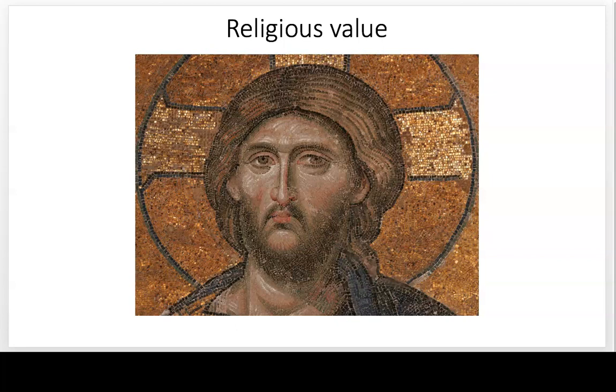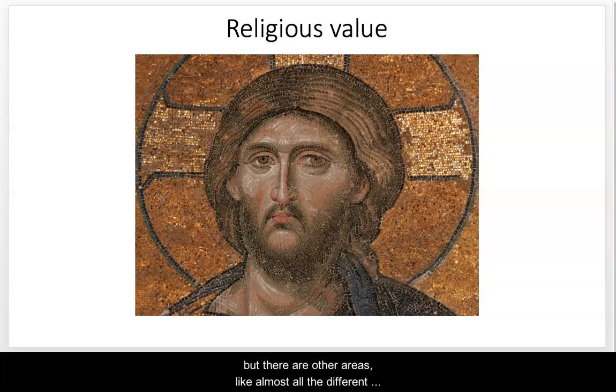There's also a religious value, and this is significant for a lot of different periods of time and different peoples, not just this medieval piece, a Byzantine piece about Christ and an icon of that.